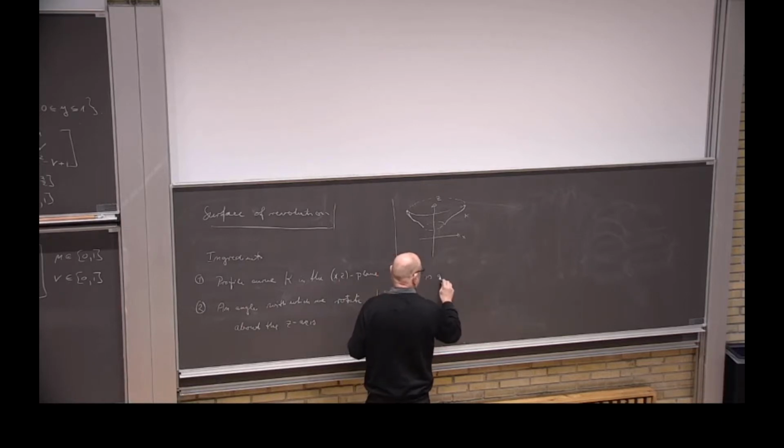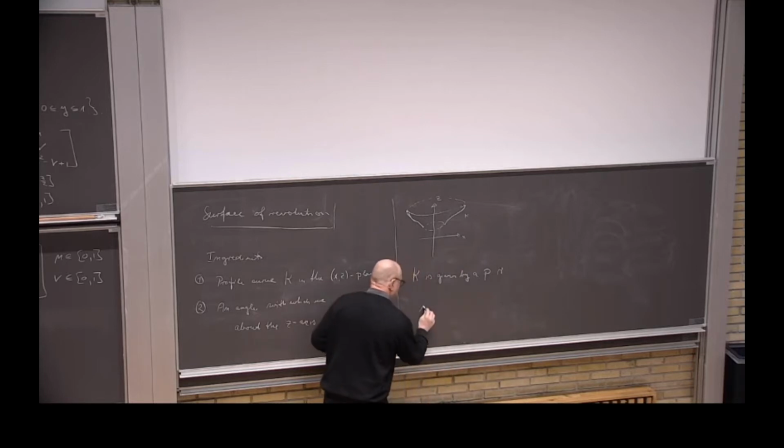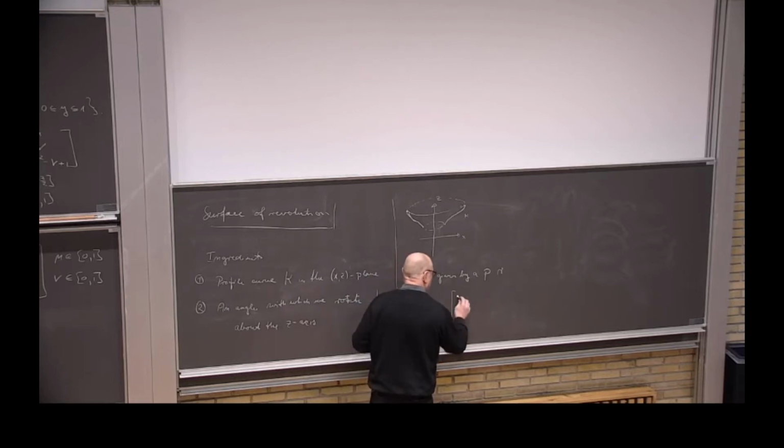K is given by a parametric representation like this. You have the x coordinate called g of u.